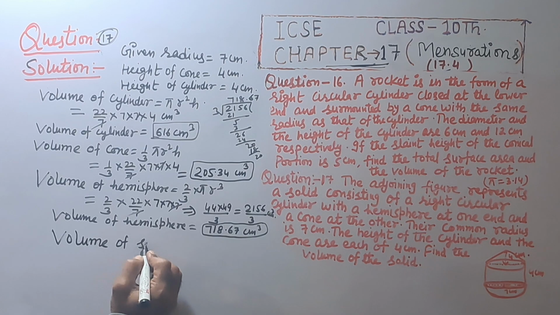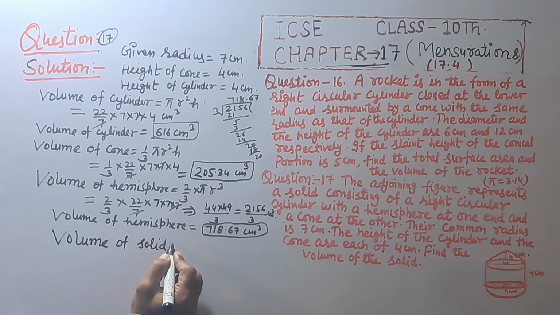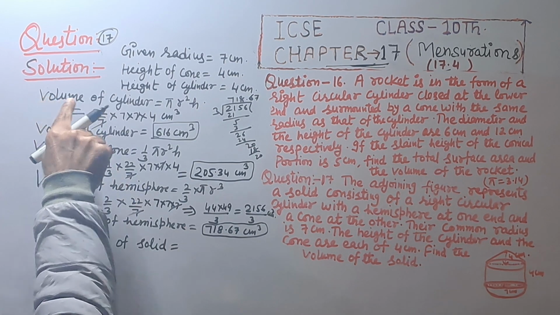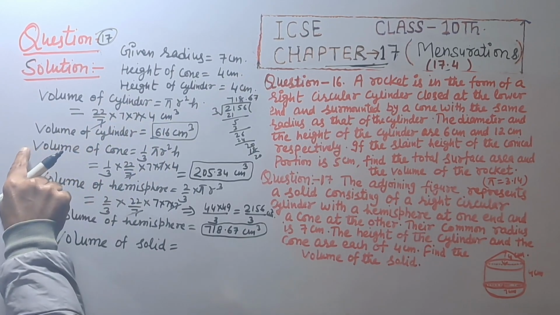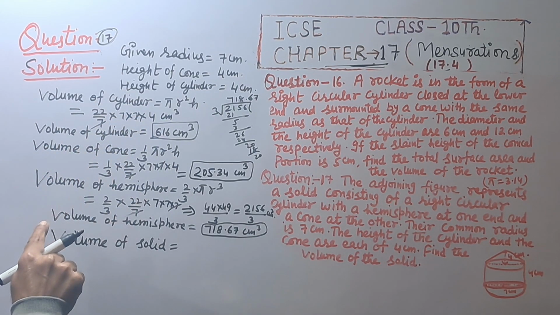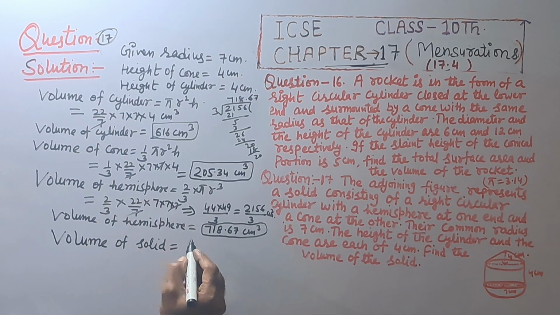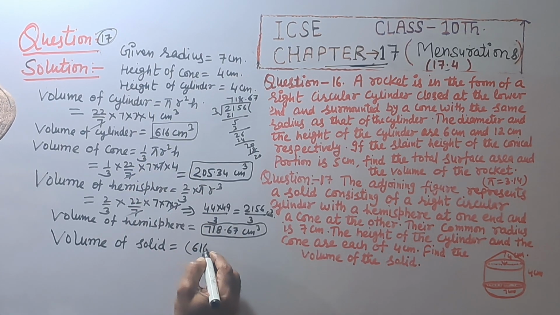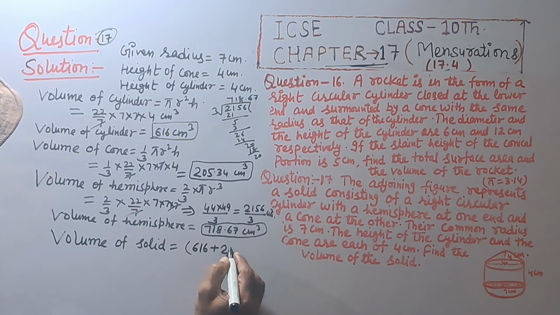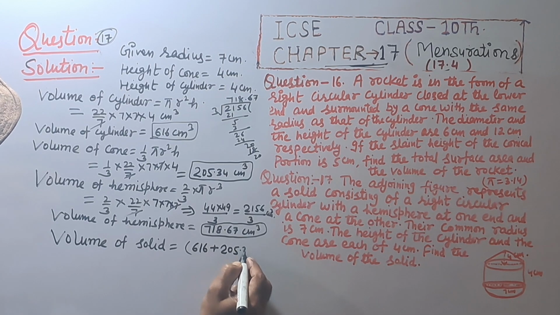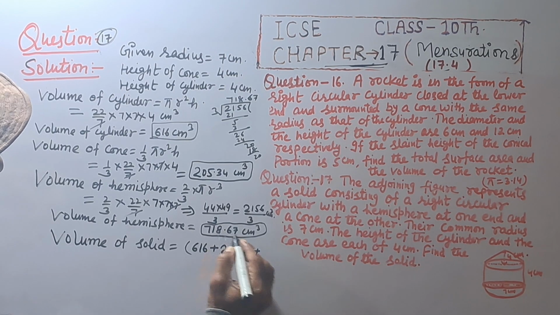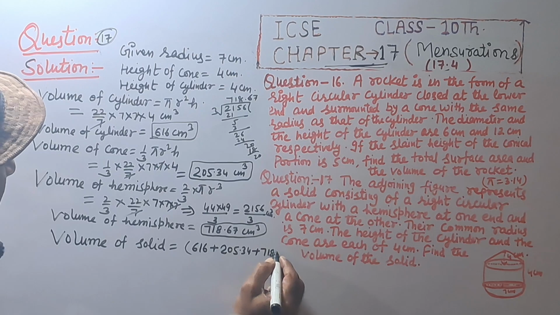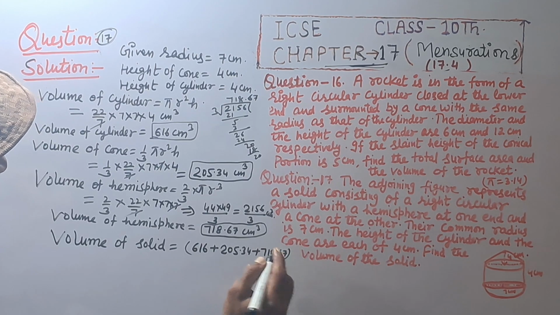Volume of solid equal to volume of cylinder plus volume of cone plus volume of hemisphere. That is 616 plus 205.34 plus 718.67.